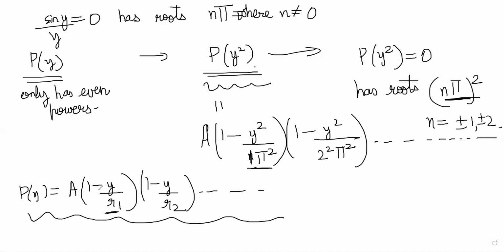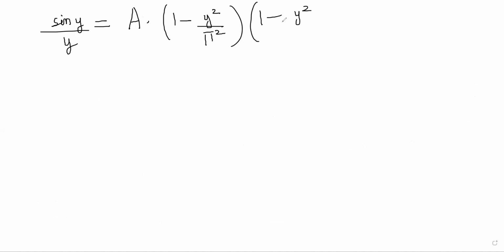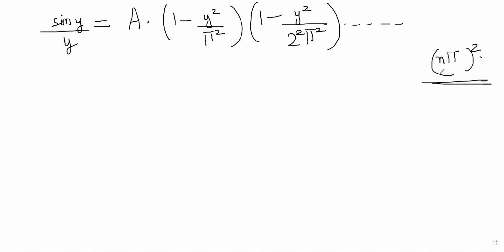So basically, finally, what we are saying here is that sine y by y can be written as a times 1 minus y square by pi square, 1 minus y square by 2 square pi square, and so on as an infinite product, because the number of roots are infinite and roots are n pi whole square, right?